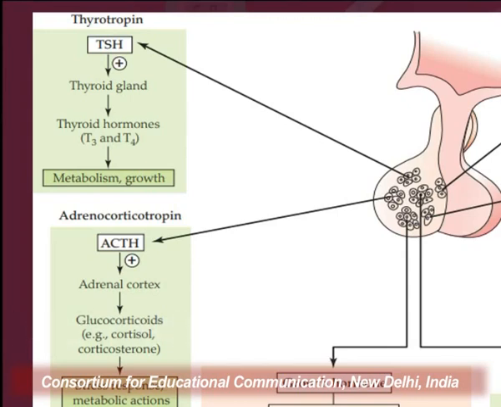It will go and act on the thyroid gland and stimulate it to produce and release its hormones, T3 and T4, the thyroid hormones, which will thereafter carry out their physiological functions, including growth and metabolism.